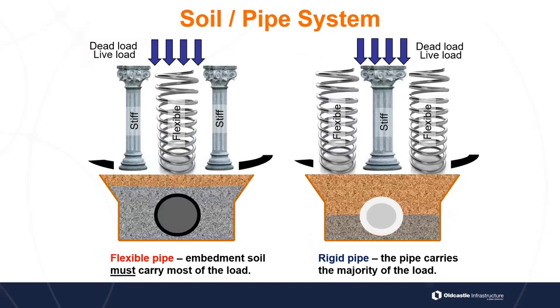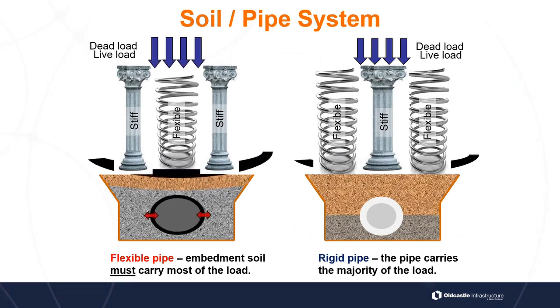So when we look at two different soil pipe systems here, we've got flexible pipe on the left and rigid pipe on the right. Now, flexible pipe obviously would be your plastic pipes and your metal pipes, and rigid pipe would be your reinforced concrete pipes. So with flexible pipe, the embedment soil is the thing that must carry most of the load. Because when we have a flexible pipe in the middle, watch what happens as we load that pipe.